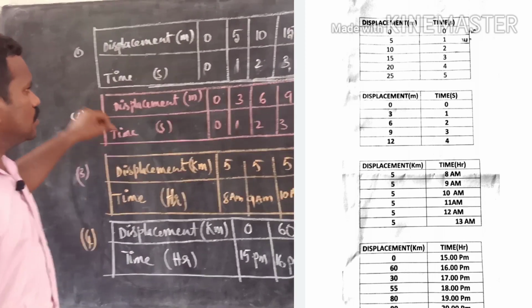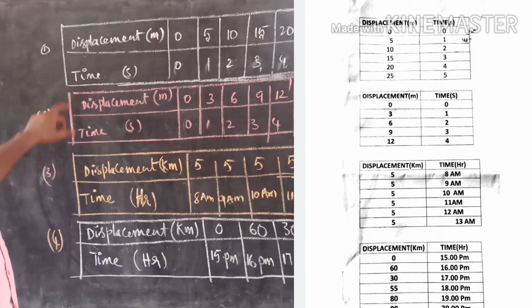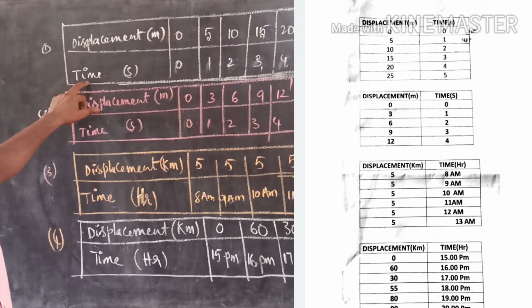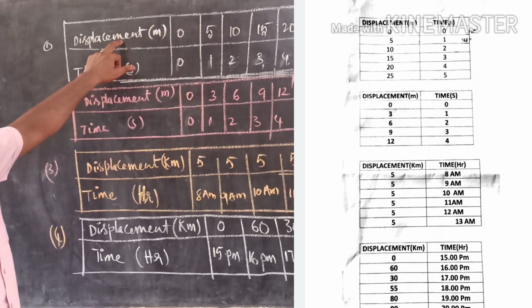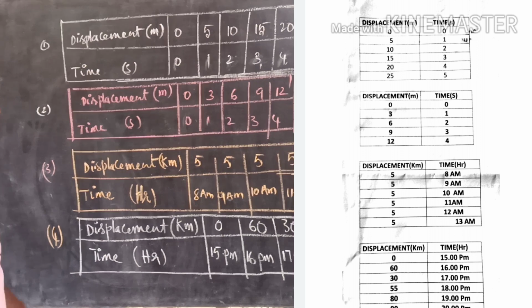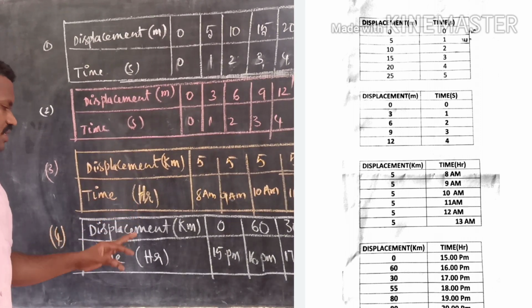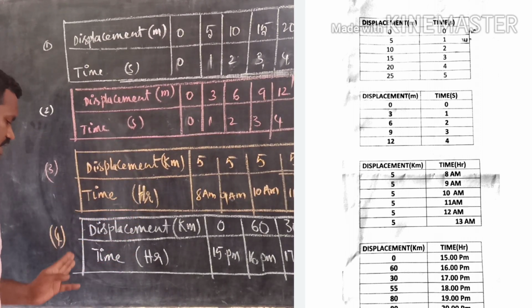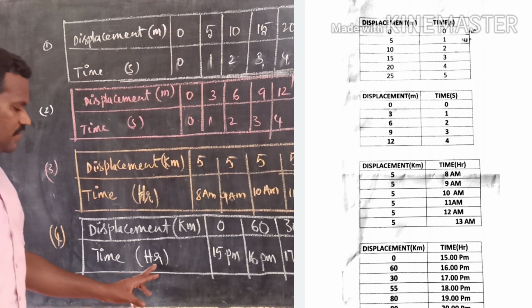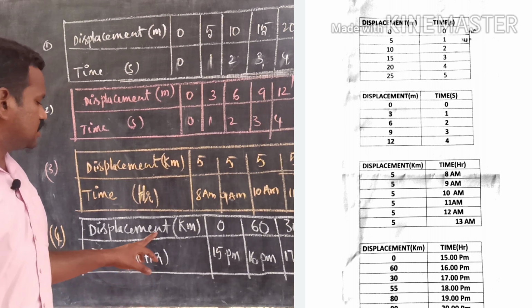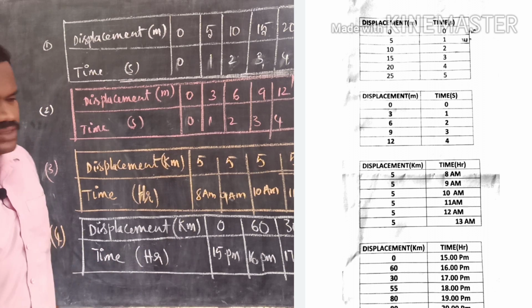Now observe these first two tables: time is given in seconds, displacement is given in meters. In table 3 and table 4, time is provided in hours, displacement is provided in kilometers.